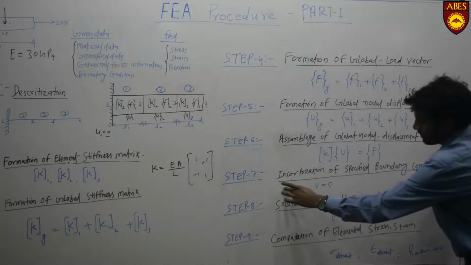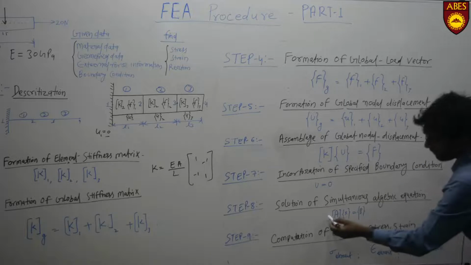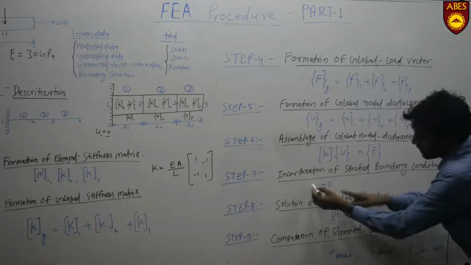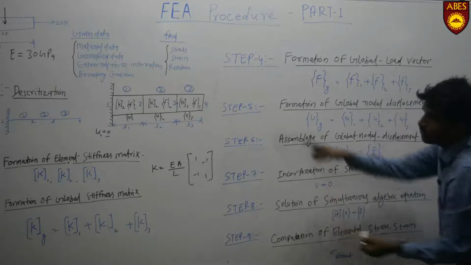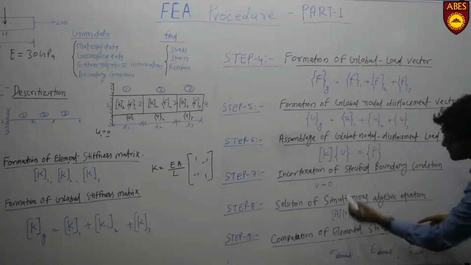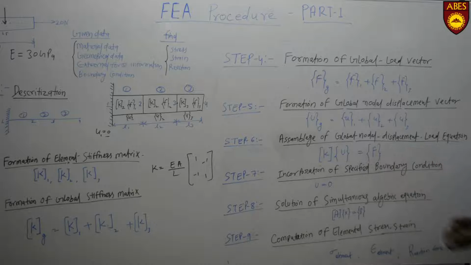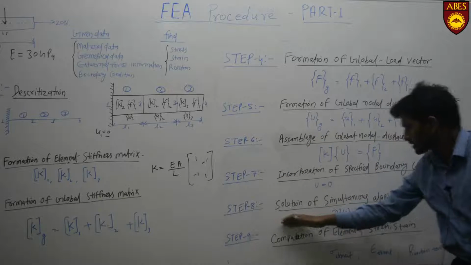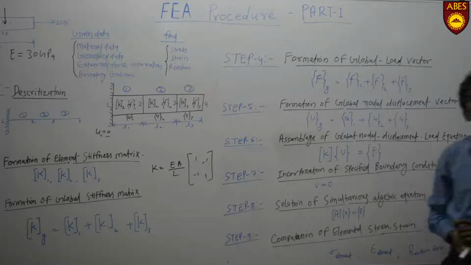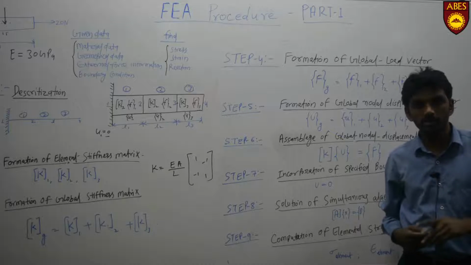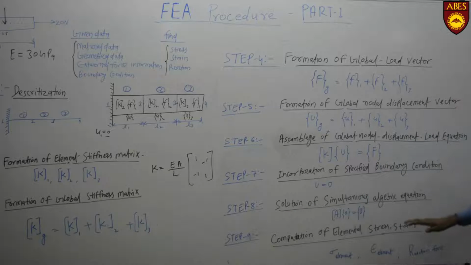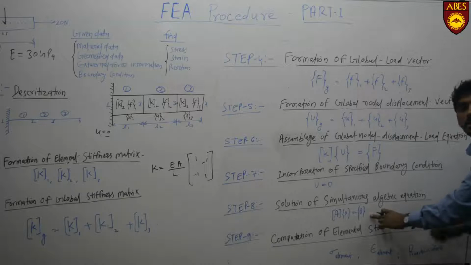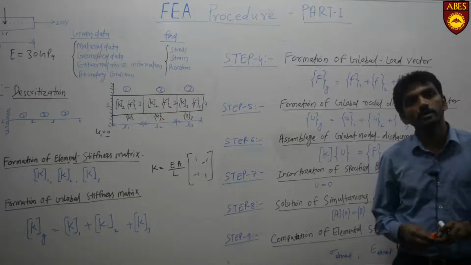Once we have reduced that problem, it is in the form of Ax is equal to B. A means the stiffness parameter, X means the various unknown fields U1, U2, U3, U4, and B means the coefficient or force vector. In step number 8, students are supposed to use different techniques, like the Gauss elimination method, Gauss Jordan method, Cramer's rule, or any method which they have already used in their mathematics course for solving 3 equations 3 unknowns, 4 equations 4 unknowns, or 5 equations 5 unknowns.